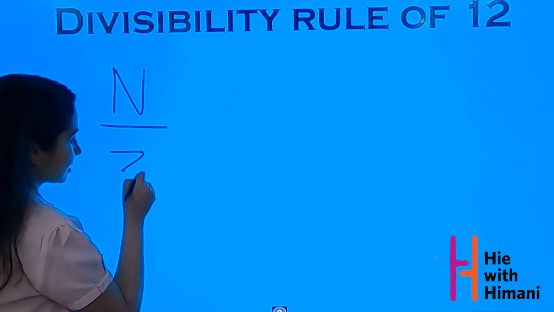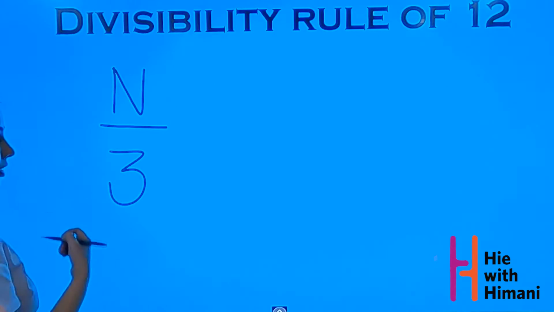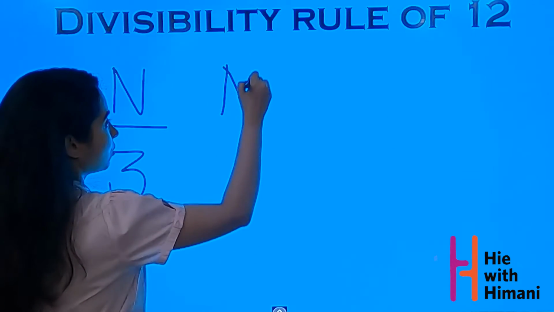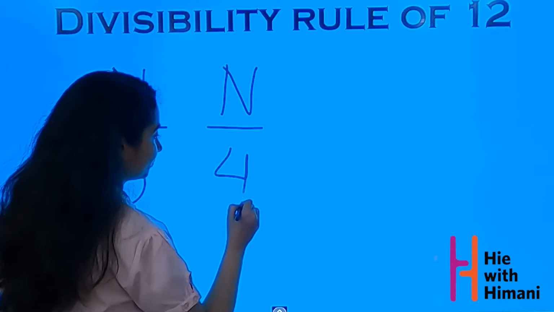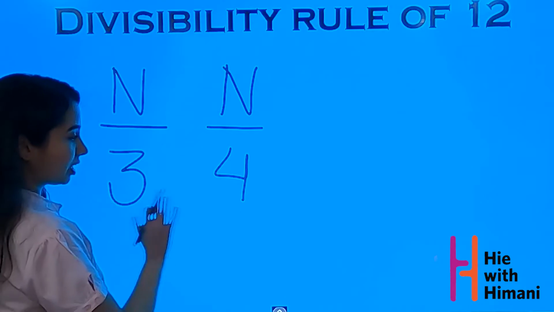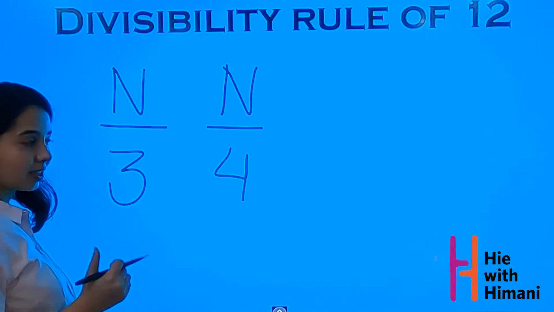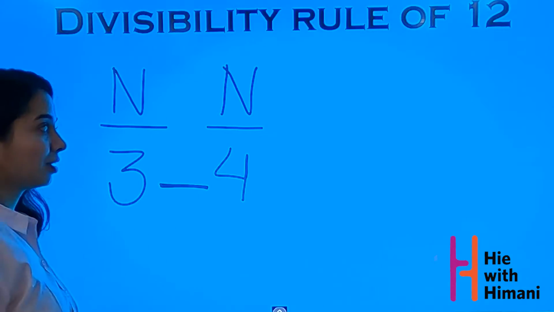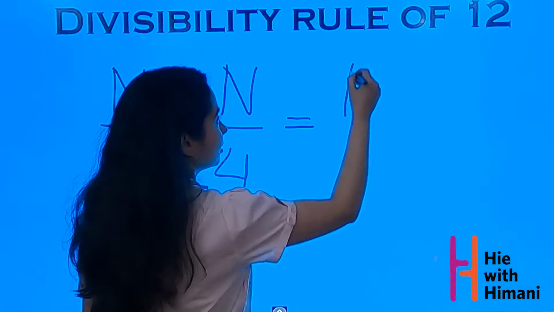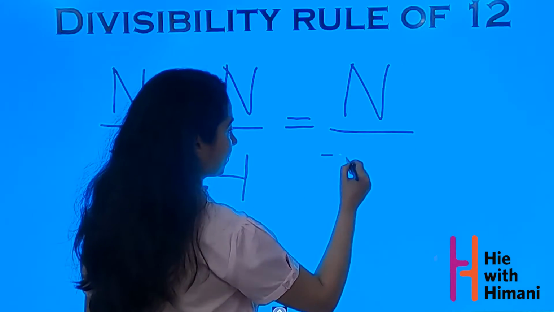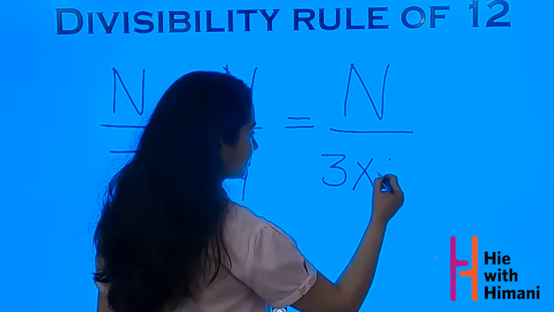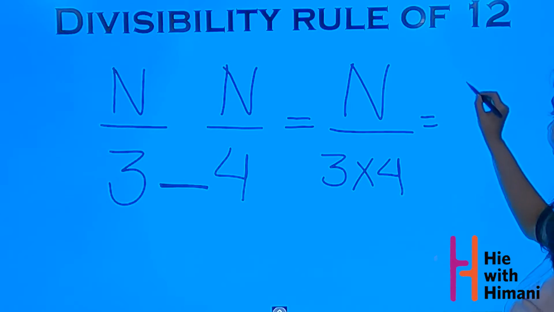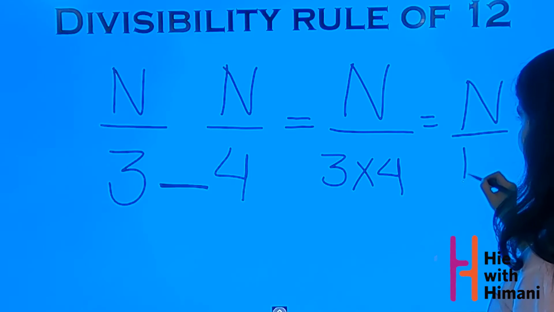If it is completely divisible by 3, and it is also divisible by 4, and we know that 3 and 4 don't have any common factor between them except 1, so they are co-primes, then we can say that the particular number is also divisible by 3 into 4, that is, it will be divisible by 12.